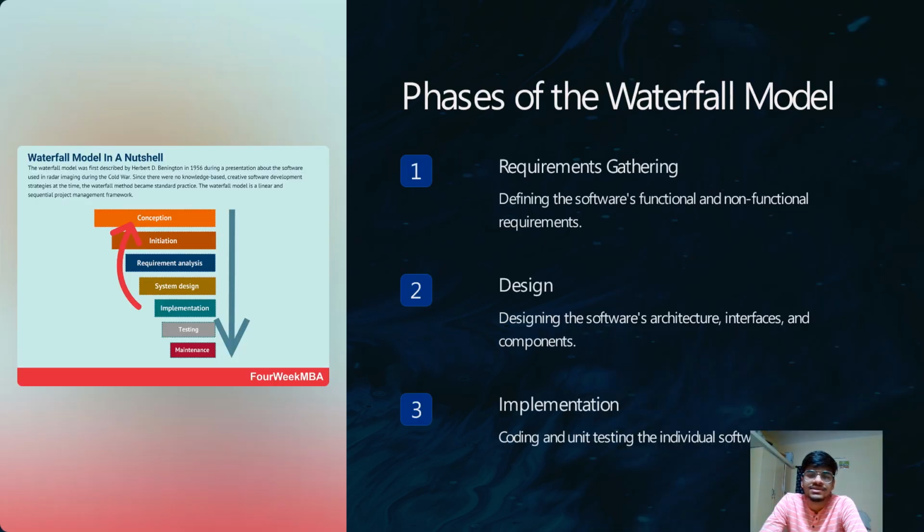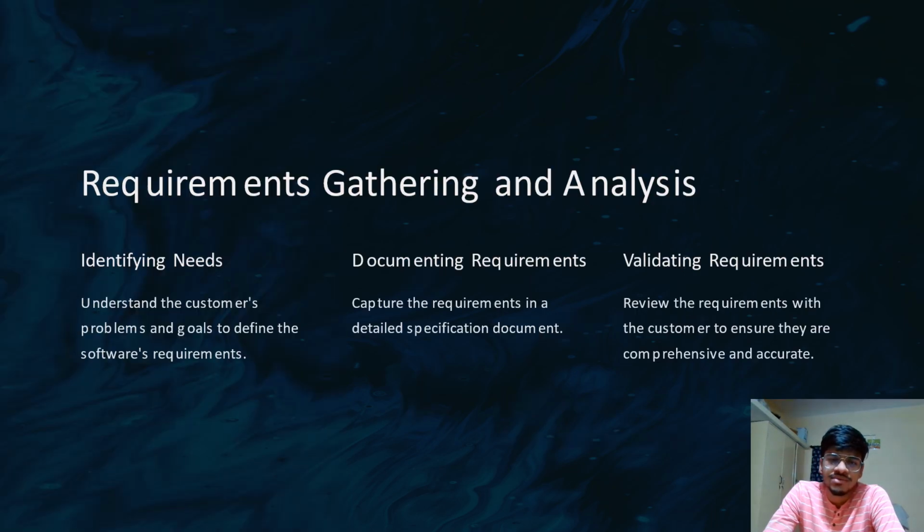Coming on to the phases of the waterfall model: in requirements gathering, the software's functional and non-functional requirements are defined in a detailed manner. Based on the details, we design the software architecture, interfaces, and components. Then we come to the implementation part, coding and unit testing the individual pieces of software. So this was in very small terms.